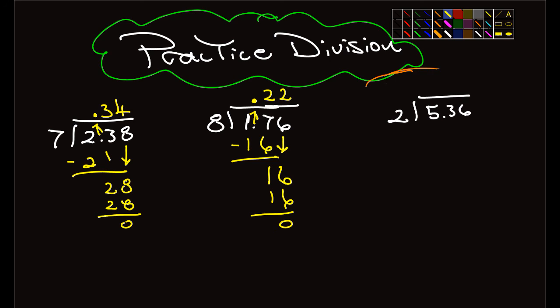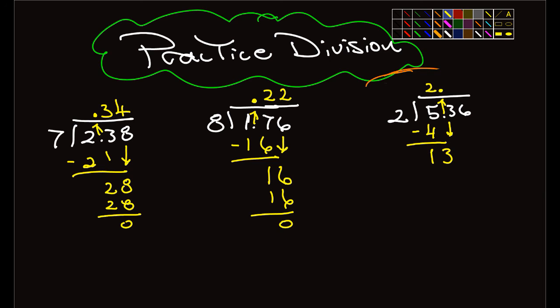Let's look at this. How many times does 2 go into 5? Well, 2 does fit into 5. It fits twice. What's 2 times 2? It's 4. We subtract it. What's left over? 1. Now what do we do? Pull down the 3. But we have a decimal. Where's the decimal go? Straight up. Goes right behind the 2.